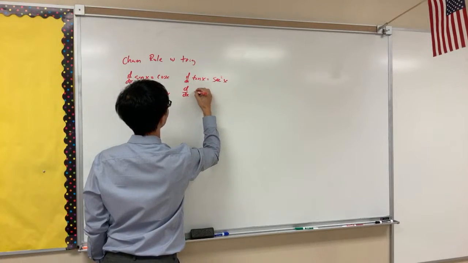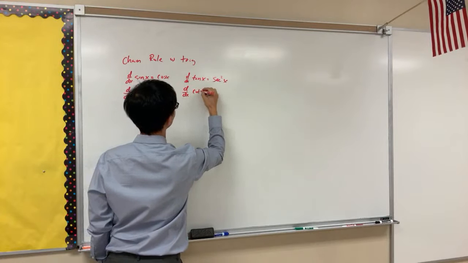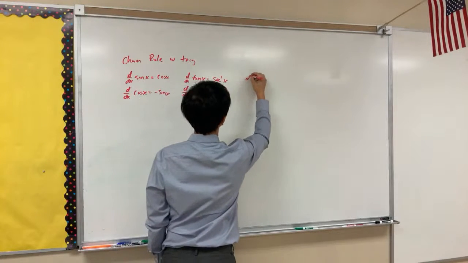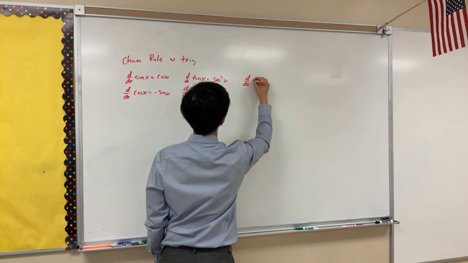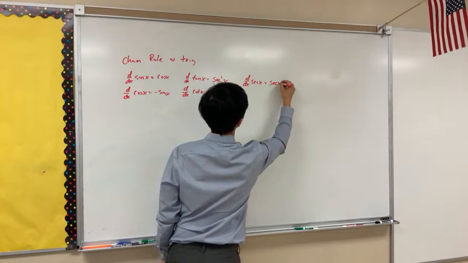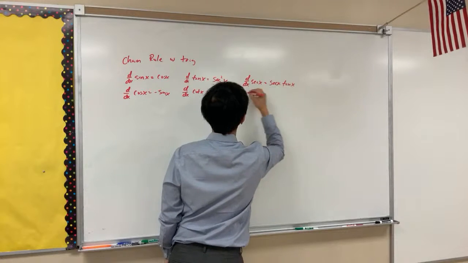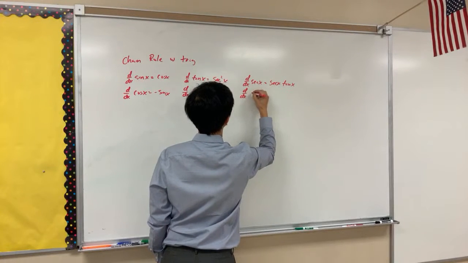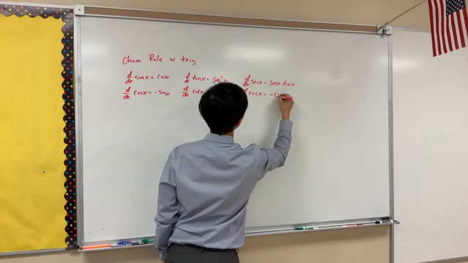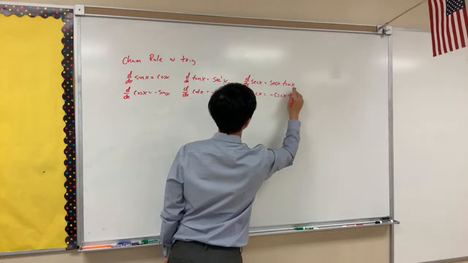And cotan? Negative cosecant squared of x, right? d/dx of secant of x is going to be secant tan. Derivative of cosecant of x is equal to negative cosecant of x cotan of x.